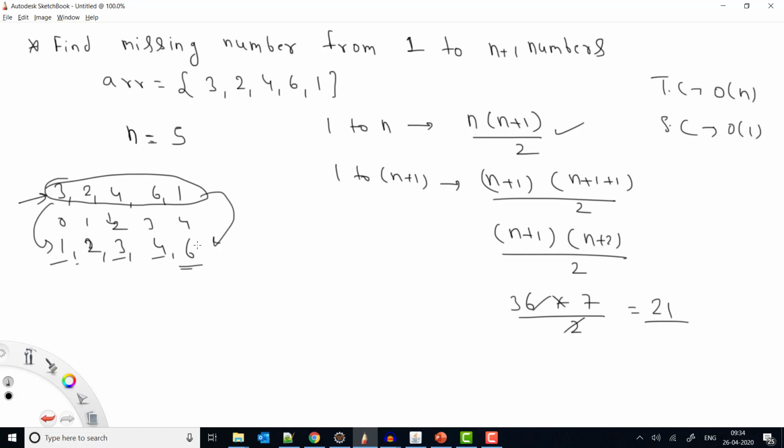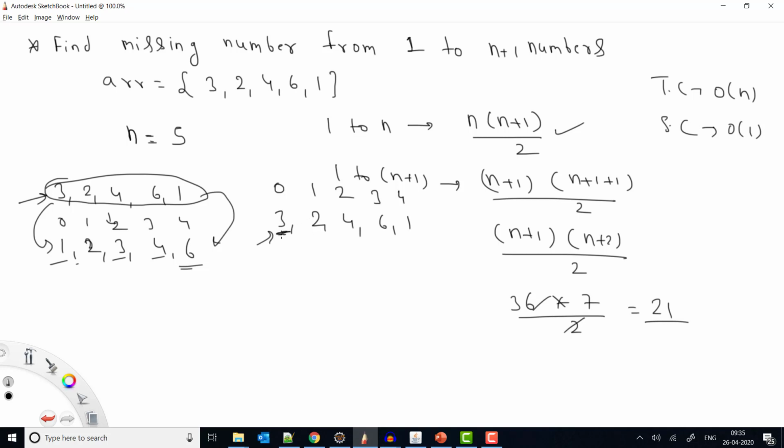So in this case, let's write the numbers here again: 3 2 4 6 1. Here I have indexes 0 1 2 3 4. First I will check whether this given value is equal to i plus 1, where i is the index. This is not. So my aim is to put this value into its correct position.